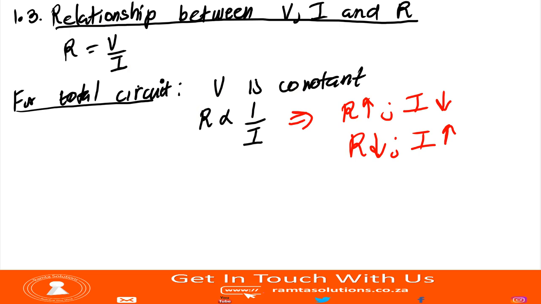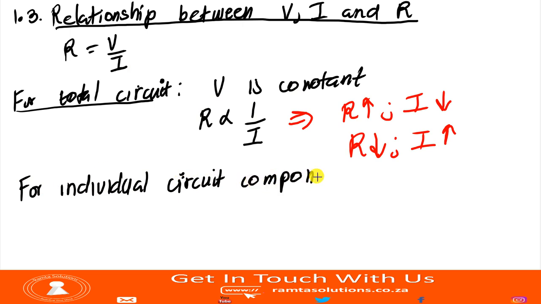Now, let's look at individual circuit components. For individual circuit components, meaning your bulbs and whatever you're connecting into your circuit, the resistance of those components, in other words, maybe your bulbs, or whatever has a resistance, will be constant.